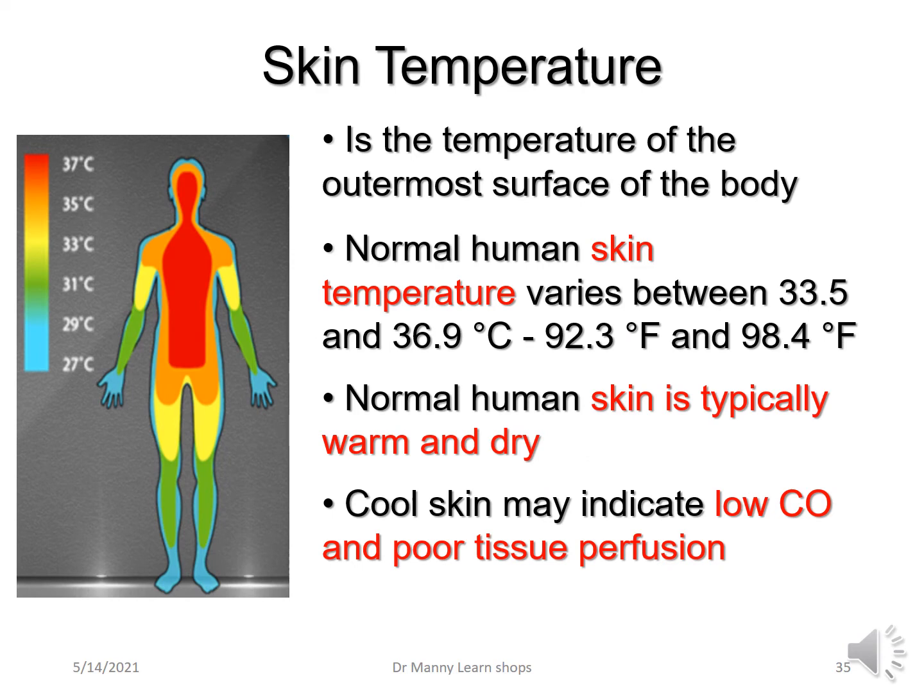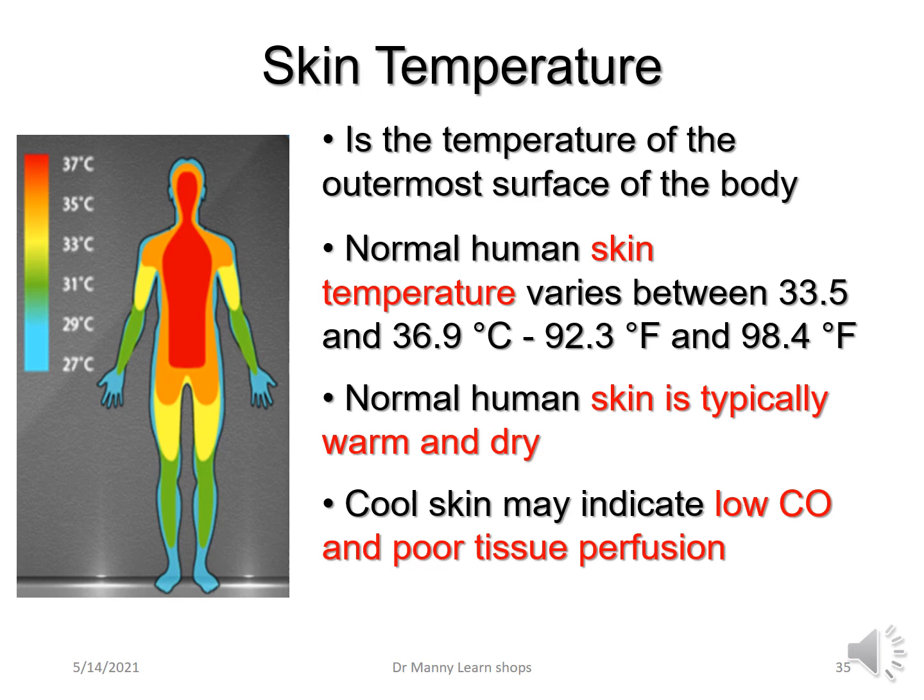When you look at skin temperature, well, skin temperature is the temperature of the outermost surface of the body. Normal human skin temperature varies about 33.5 to about 36.9 degrees centigrade. So normal human skin is typically warm and dry. Cool skin depends on why, maybe ambient temperature.